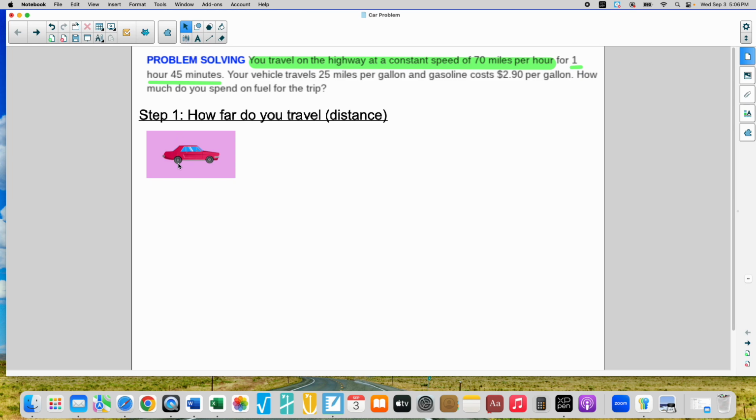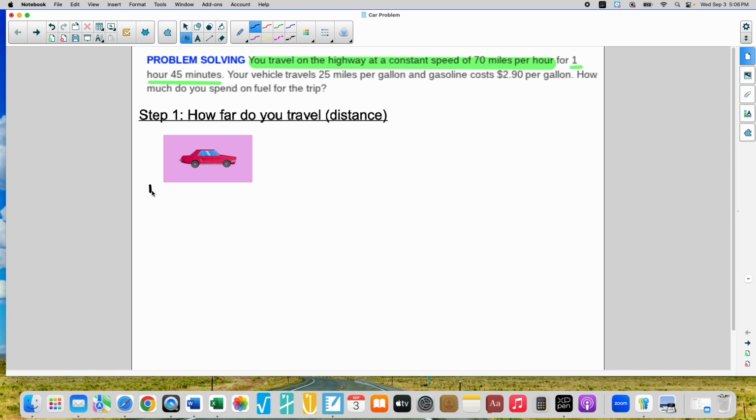So if I'm traveling for 1 hour at 70 miles per hour, I would go 70 miles in 1 hour. And if I went 2 hours, I would travel another 70 miles. But the thing is, we don't travel for 2 complete hours. We travel for 1 hour.